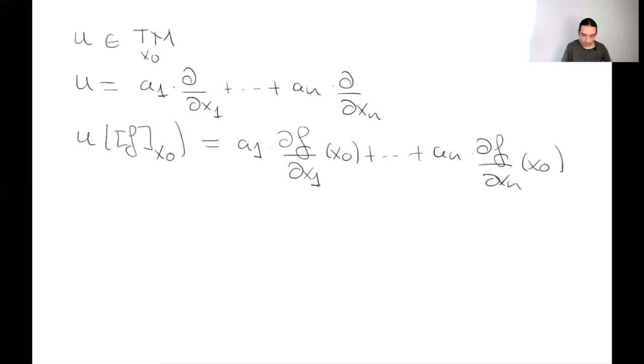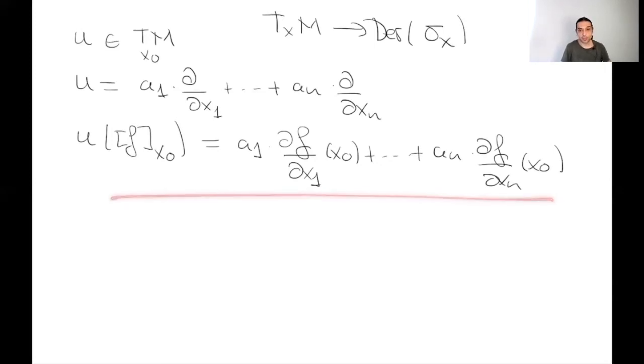In particular, we have to study the map between the tangent space of M at x and the derivations of the space of germs at x. It is clear that because of this formula, this map is going to be R-linear.